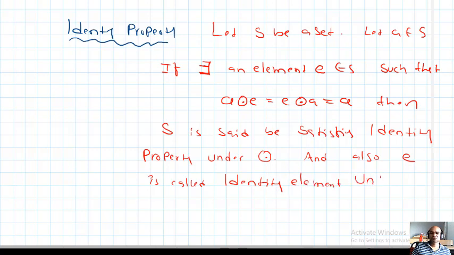Under the operation circle dot, you should write like that.